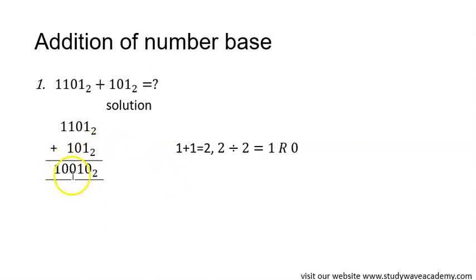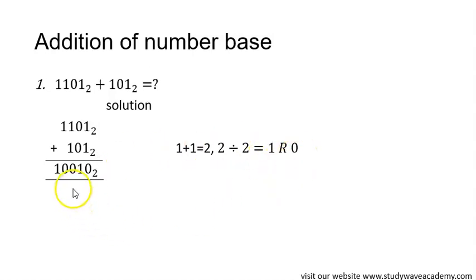So you write 0 and carry 1 over. When you carry 1 over, you have 1 plus nothing here, so 1 plus 1 is still 2. So you divide that 2 by the base 2, and you have 1 remainder 0.